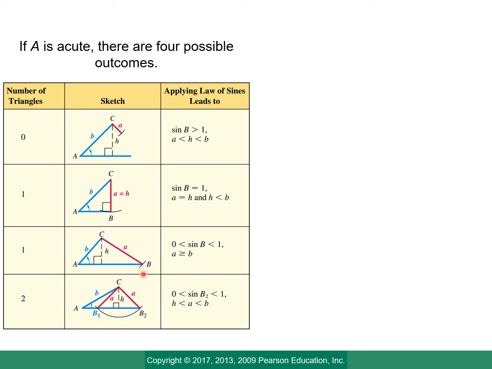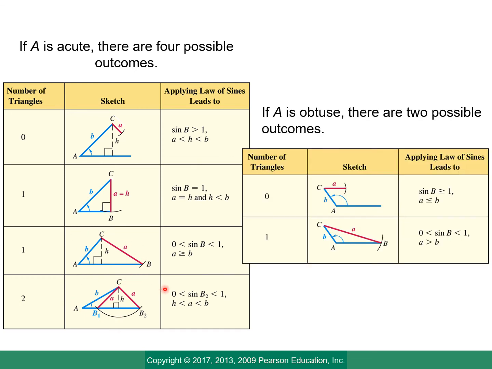Okay. Now also, if A is obtuse, there's two possible outcomes. So 0 or 1 triangles. Again, if sine of B is 1 or more, and you know angle A is obtuse, meaning greater than 90, then this is not going to exist. There's no triangle.